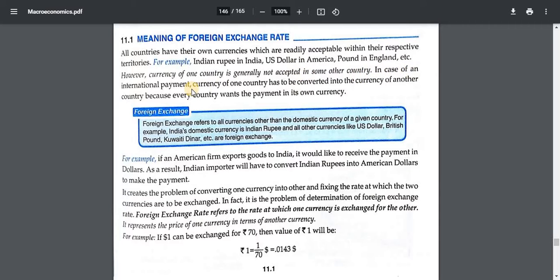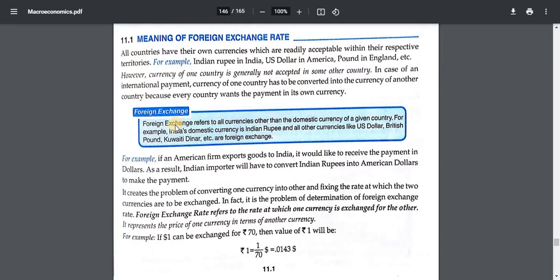In case of an international payment, currency of one country has to be converted into the currency of another country because every country wants the payment in its own currency.